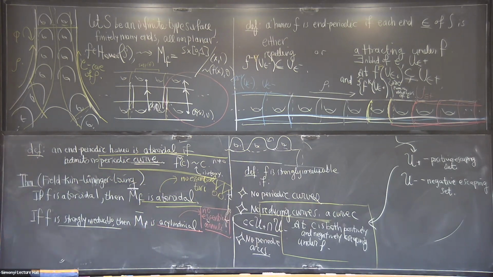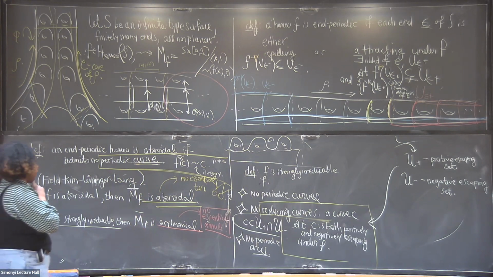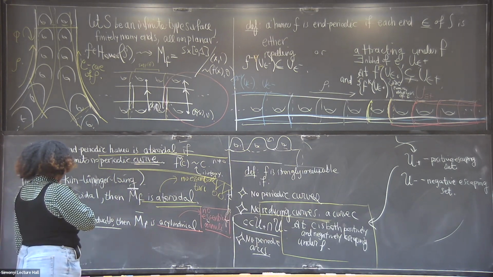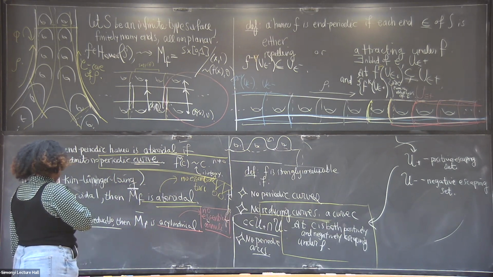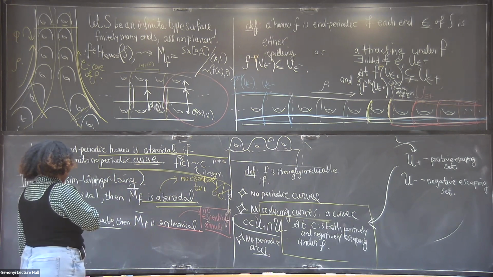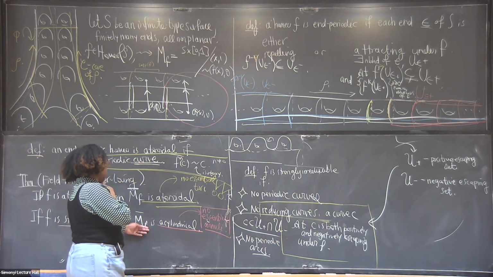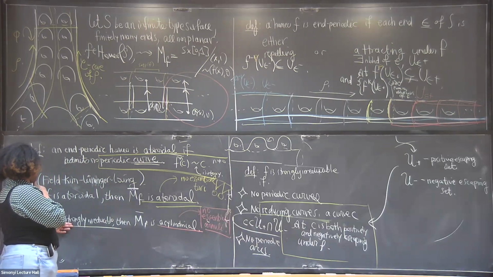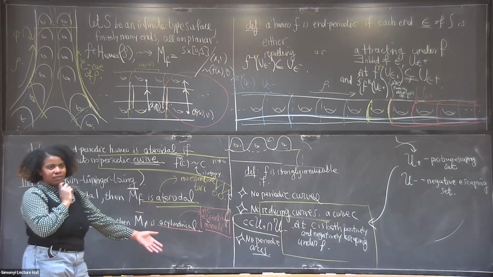Oh. There's some notion of a converse of this theorem? Yeah, so if F is acylindrical, if M_F is acylindrical, then there's no way it could have one of these.